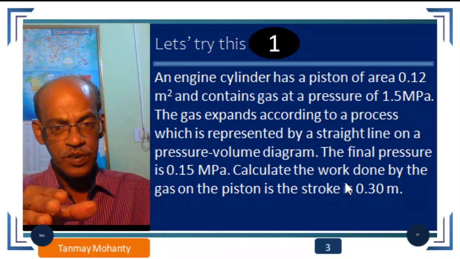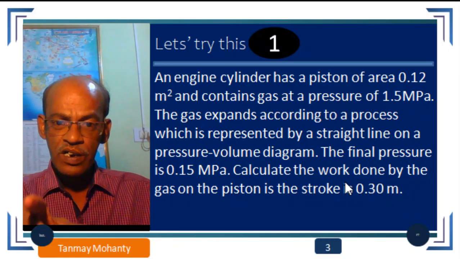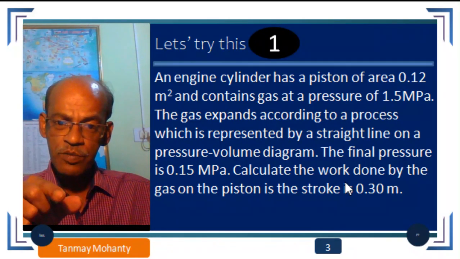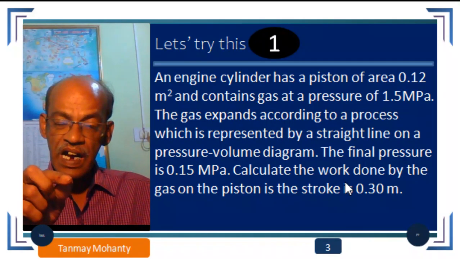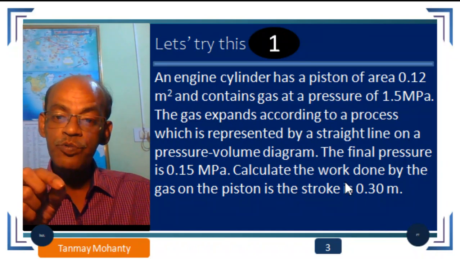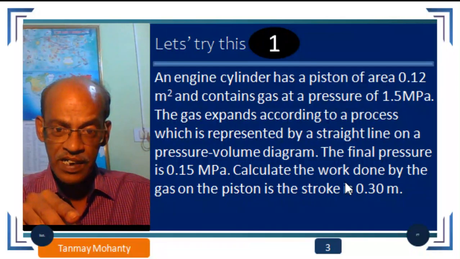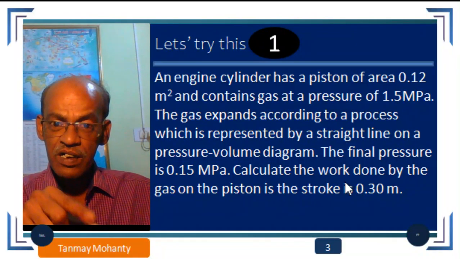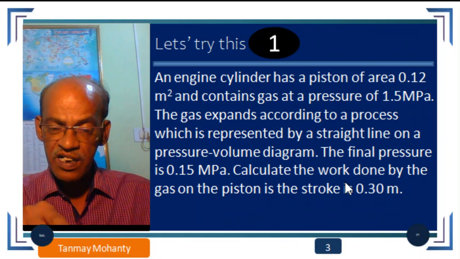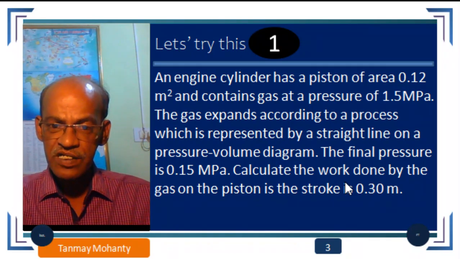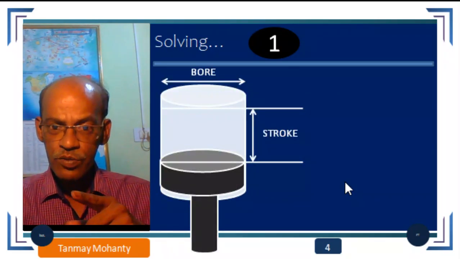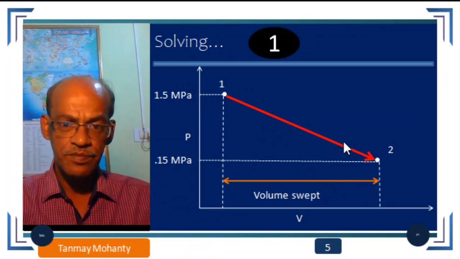That is going to be a process that also we can do. But for this particular numerical, let us see how it becomes easy if we adopt our graphical approach like area under pressure volume diagram. What we are expecting, there is an expansion, there is a straight line, we want to find area under that straight line. That is what we are going to see in this drawing.